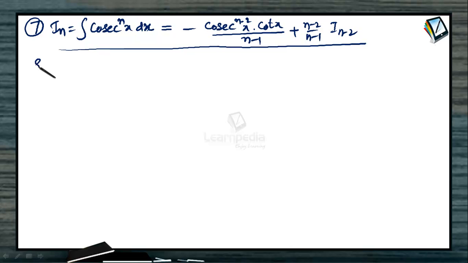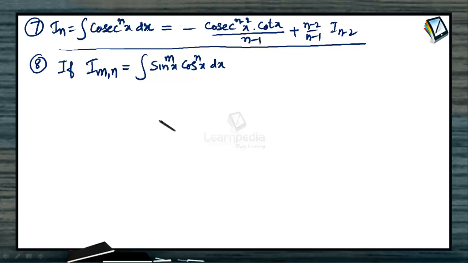Next, the last, eighth reduction principle: if I_mn, as we discussed earlier with parameters m and n, is the integral of sine power m x into cos power n x dx, then we have the following things to conclude.